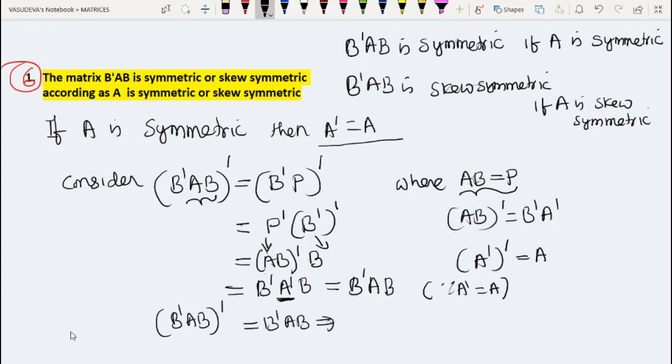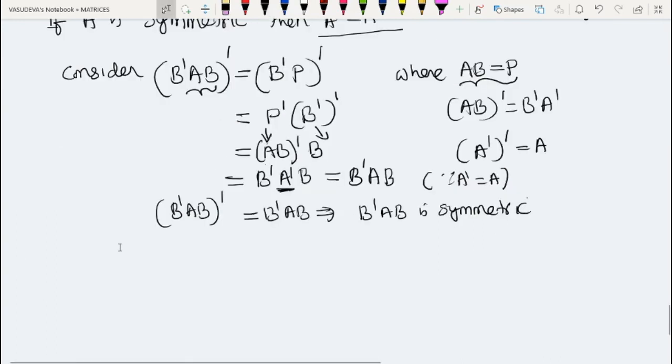So that shows that B'AB is symmetric, by taking A as a symmetric matrix.